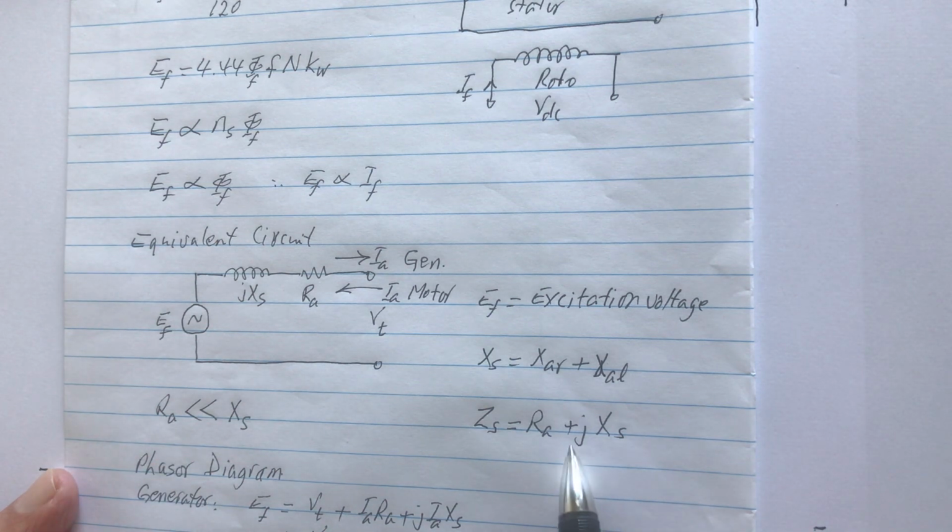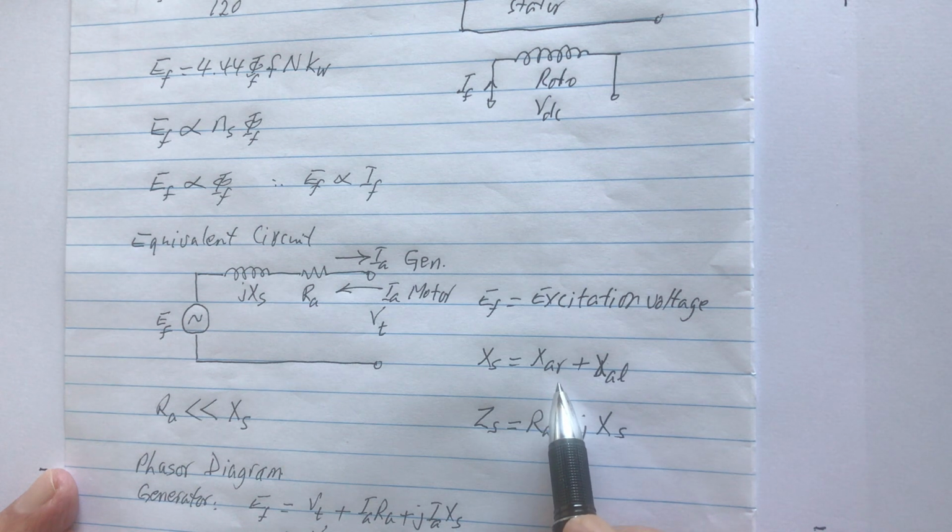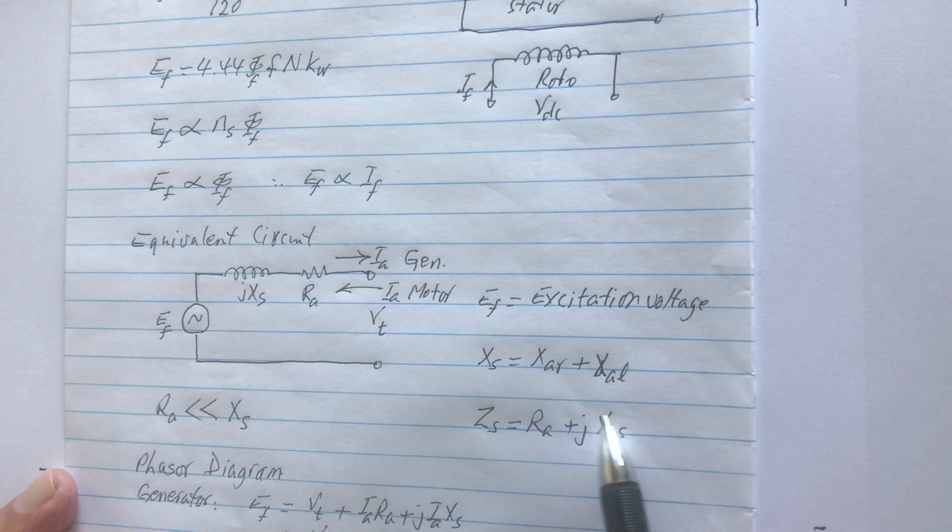Now, XS is equal to XAR plus XAL. XAR is called the reactance of armature reaction, or you could call it the magnetizing reactance, and XAL is the leakage reactance per phase of the stator winding.